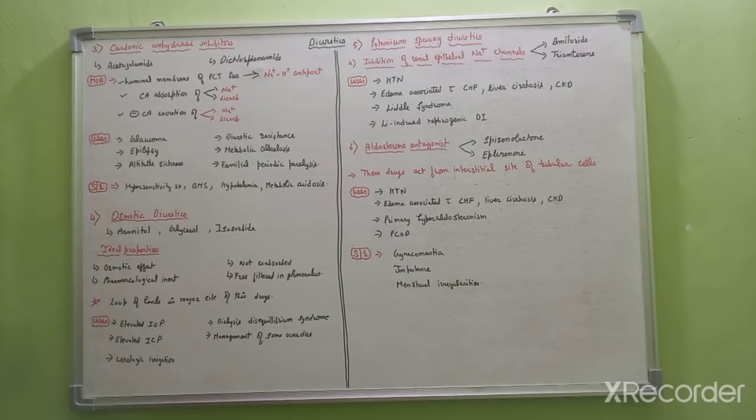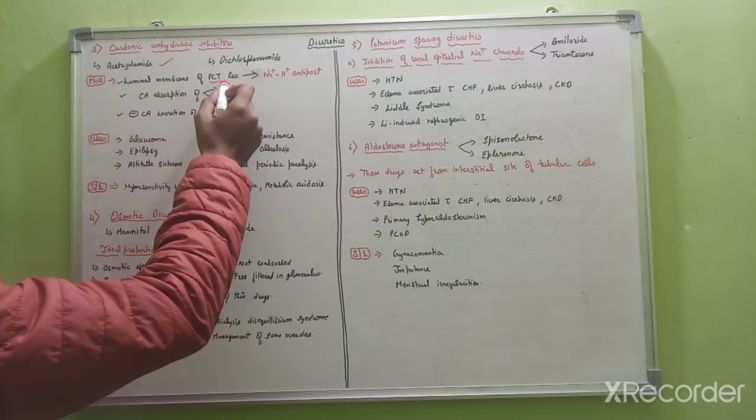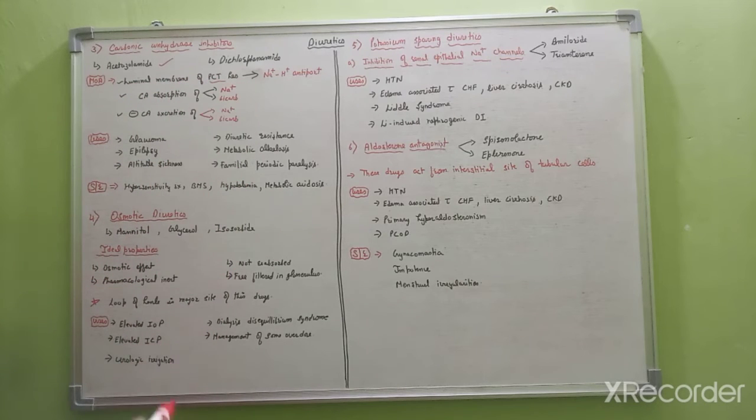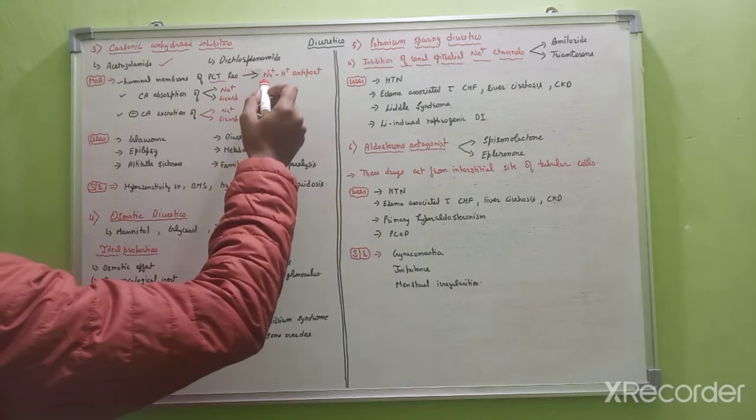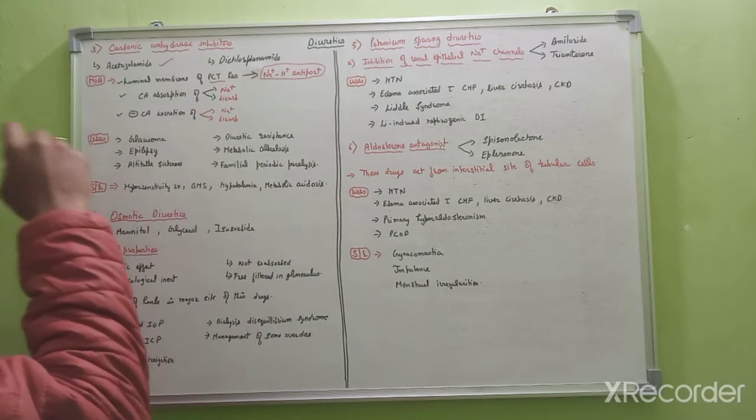So third is carbonic anhydrase inhibitors. In this category, the drugs include acetazolamide-like drugs. The mechanism of action of this drug is that the luminal membrane of the PCT, that is the proximal convoluted tubule, has a sodium and hydrogen antiporter.